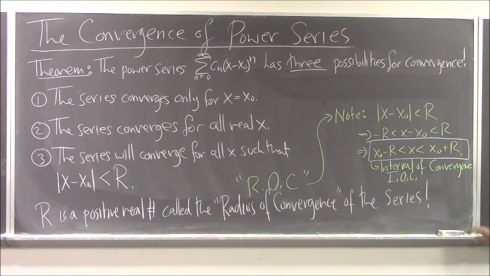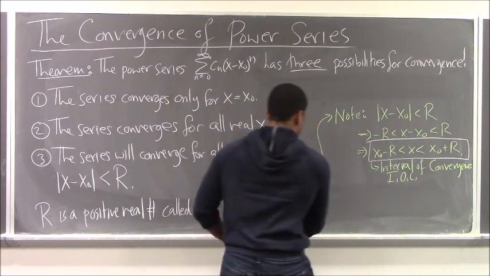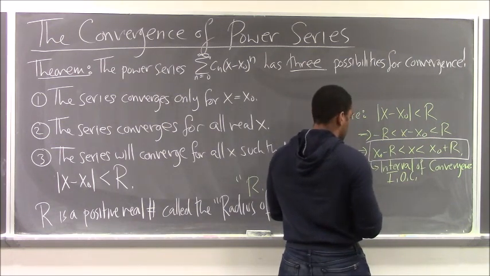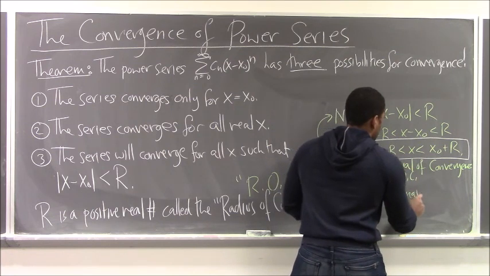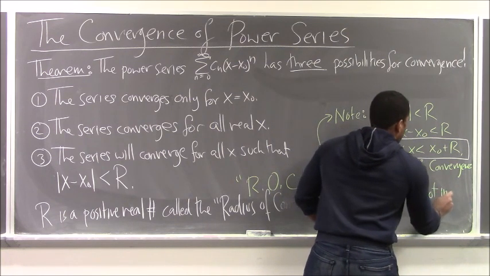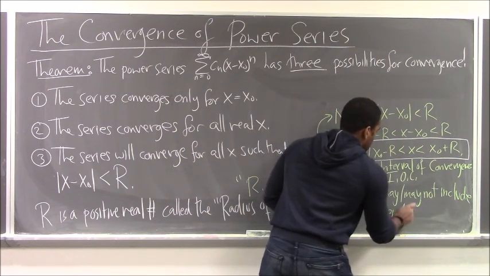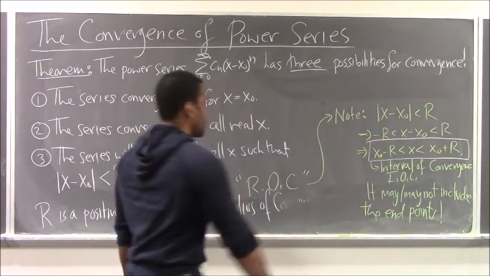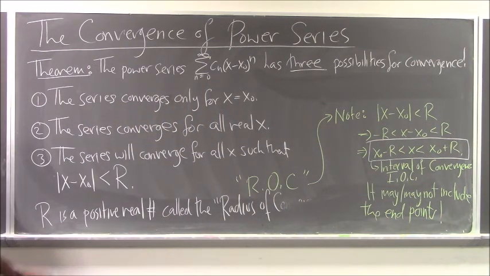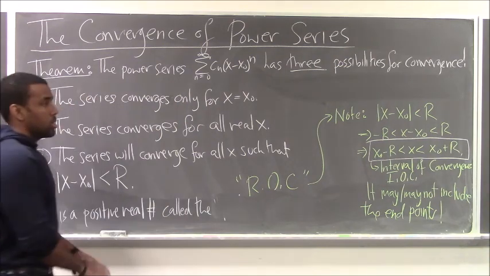And one thing about the interval of convergence, it may or may not include the endpoints, and we're going to talk about that as well. So R is called the radius of convergence. I would abbreviate it ROC.